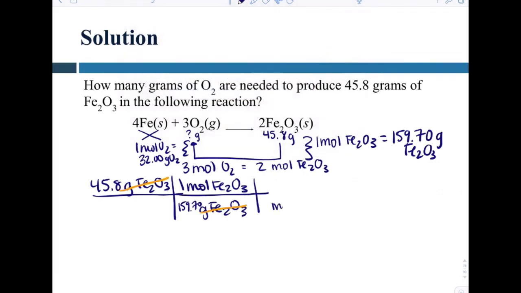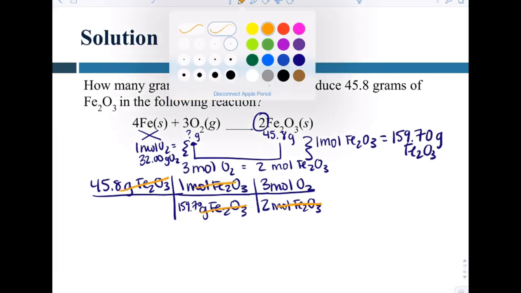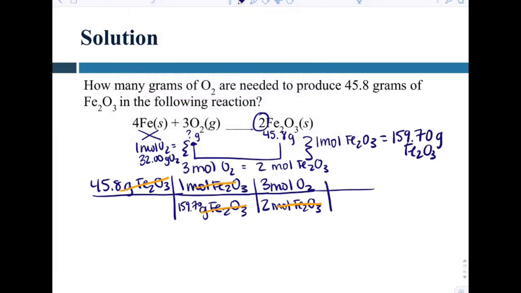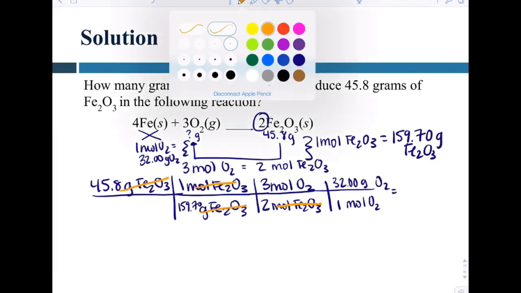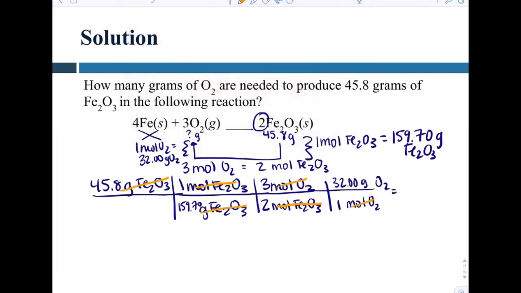So now moles of iron 3 oxide need to cancel. The number that goes there for my balanced chemical reaction is 2. It is equal to 3 moles of oxygen. This should be very familiar to you, this pattern. Moles of oxygen now need to cancel. 1 mole of oxygen is equal to 32.00 grams of oxygen. And I have what I want, so I'm done.